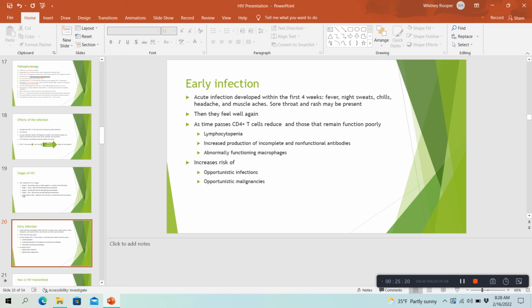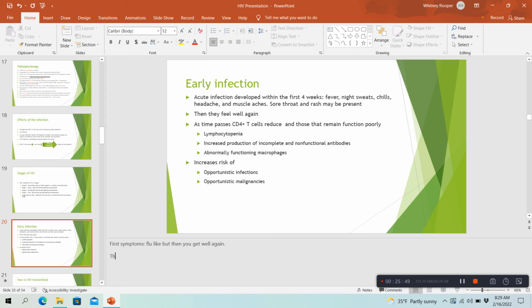Okay, so we have early infection. People may not even know they have HIV at first. They may have flu-like symptoms, like a cold, but then they get well again, because their body is trying to take care of it. But as time passes and those CD4 T cells keep reducing, we see things that go along with it.